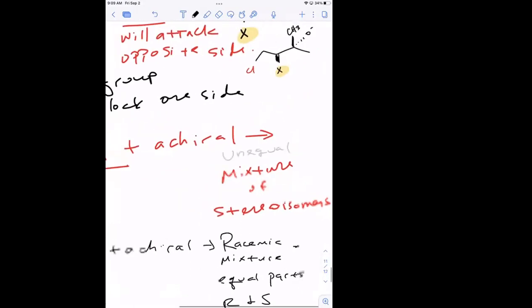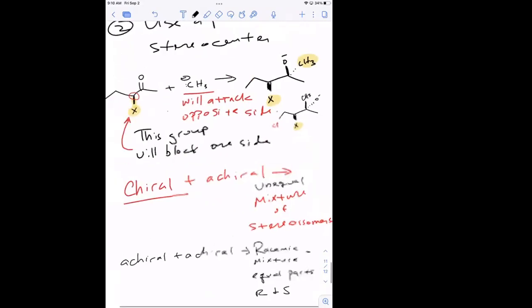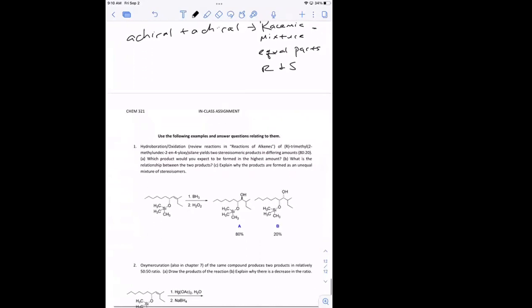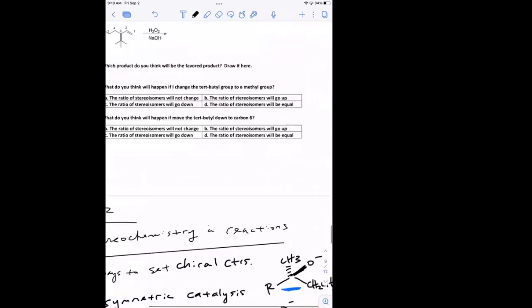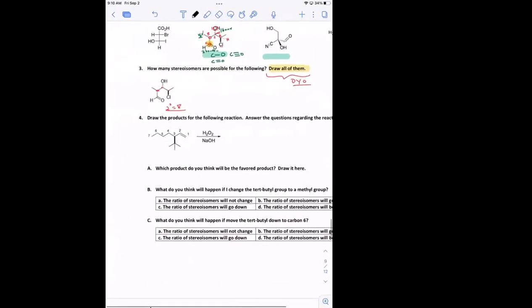So you're going to get more of one or more of the other, depending on what the reaction is, and also depending on how much bias that pre-existing chiral center actually creates. So let's go right into one of the problems, and then we can go back to here and answer these questions as well.